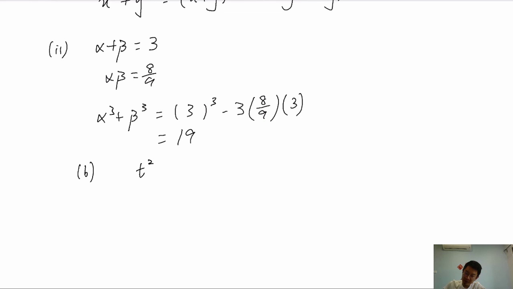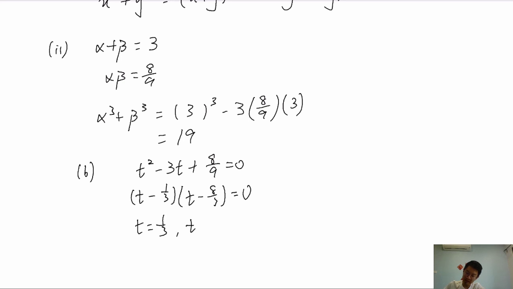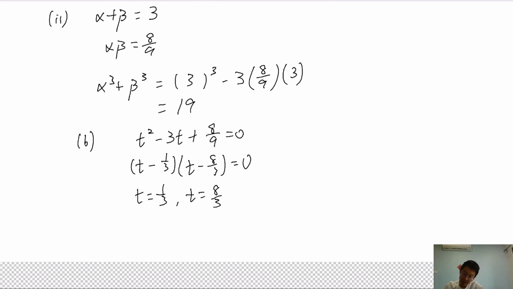This quadratic equation is t squared minus 3t plus 8 over 9 equals 0. By solving this, we get (t minus 1 over 3) and (t minus 8 over 3). So t is equal to 1 over 3 and t is equal to 8 over 3. These two values would be our alpha and beta.